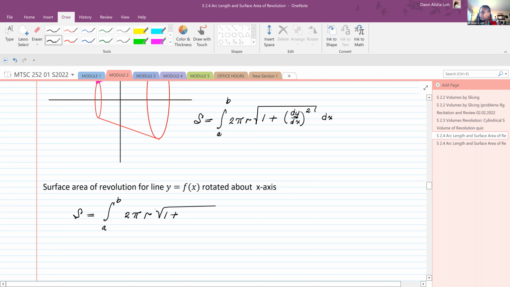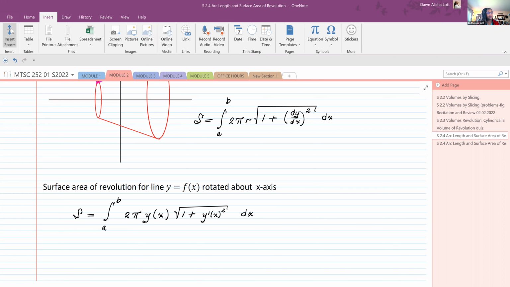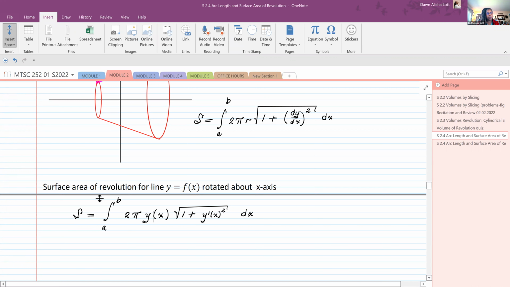Usually r is the radius, so a lot of times you will see this formula. I'm going to rewrite it: 2 pi y of x, the square root of 1 plus, and then you might see y prime of x squared, dx. So you will get that.